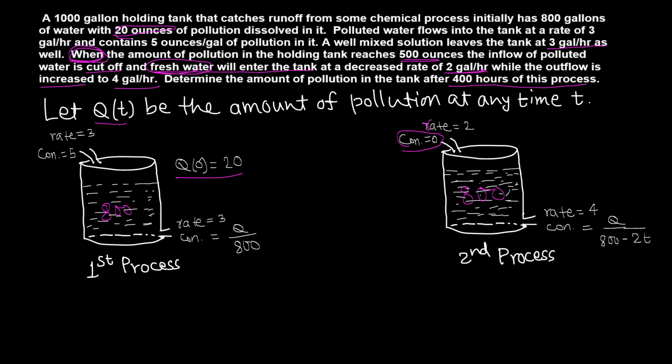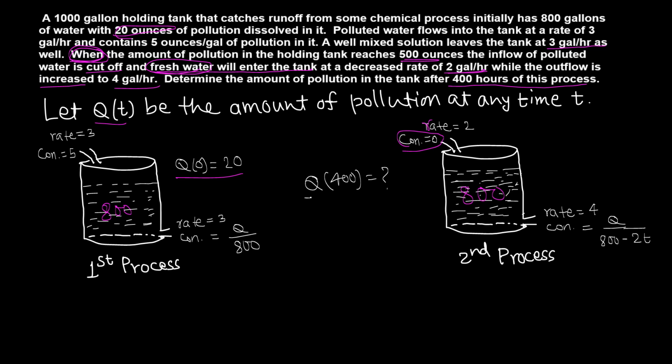Eventually we are asked to find Q(400). What is the amount of pollution after 400 hours? But for the second part, we can reset the clock and start with 0. That means it might take, I don't know, maybe 35 hours. Then that remains 365 hours.